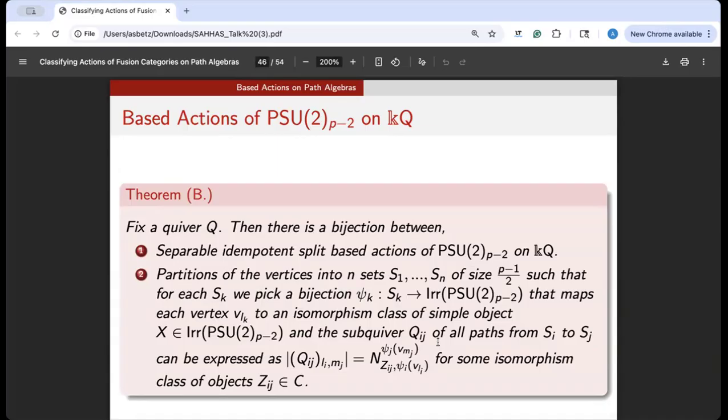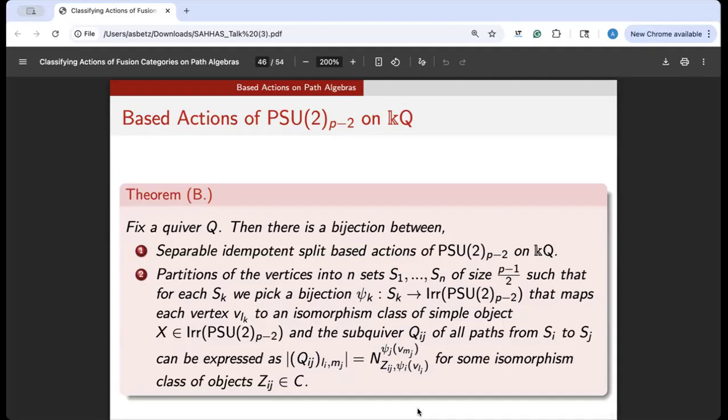Swapping those can create different actions that wouldn't be monoidally naturally isomorphic as functors, and so this is why all this bijection stuff pops up. This is really me choosing a module category structure, and then picking a basis for all the different module categories. Once you pick a basis, these subquivers get decided by that choice of basis in some way.